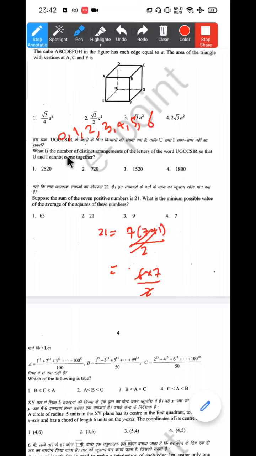So average of square means what? We need to find 1 square plus 2 square plus 3 square up to 6 square upon 7. Yes, upon 7. Correct? What is this formula? Sum of squares, that is n plus 1, 2n plus 1, 6 into 7 plus 1, 12 plus 1 upon 4, I think.